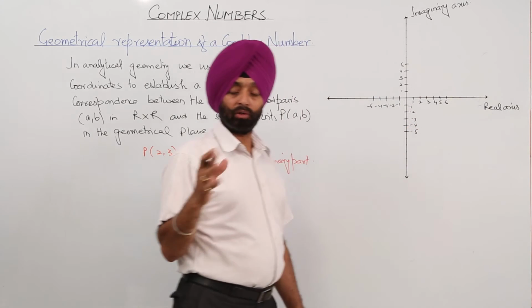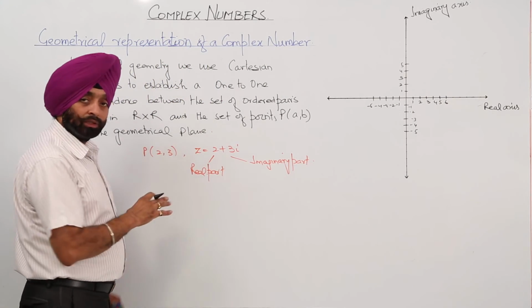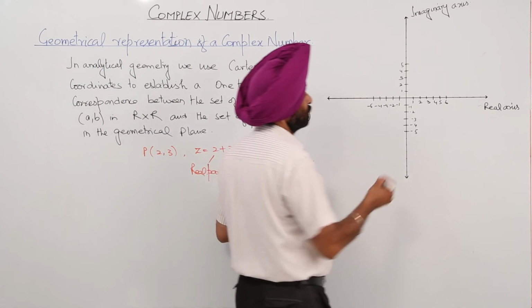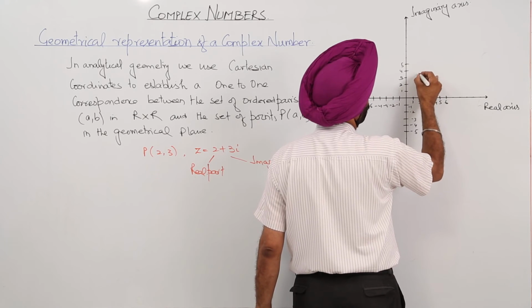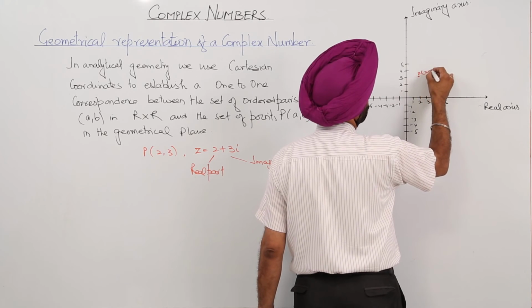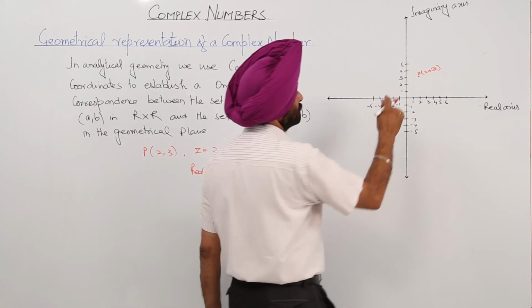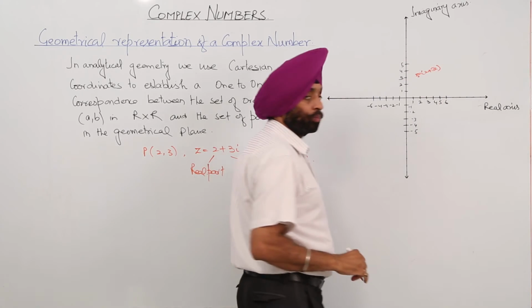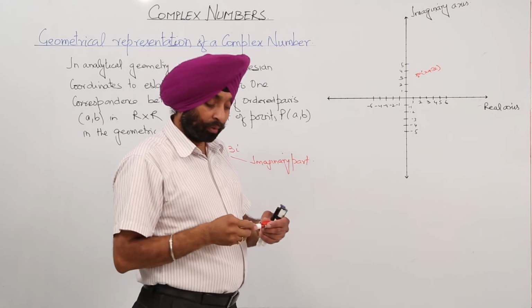So basically this is what you do in your graph paper. Now we have z is equal to 2 plus 3 iota. How do we represent this? 2 and 3 iota. So this is the point, the complex number z is equal to 2 plus 3 iota. This is the point z. Now this point represents a complex number.